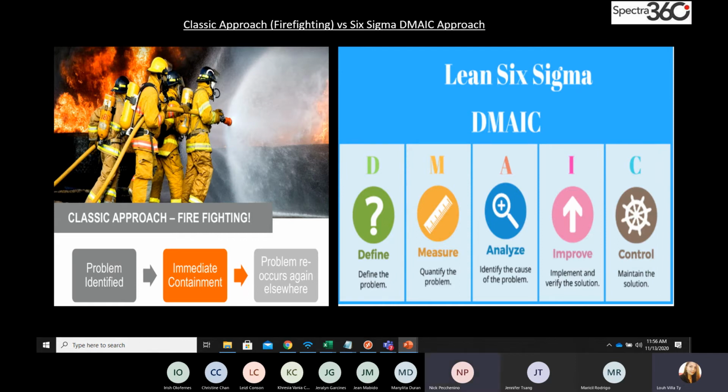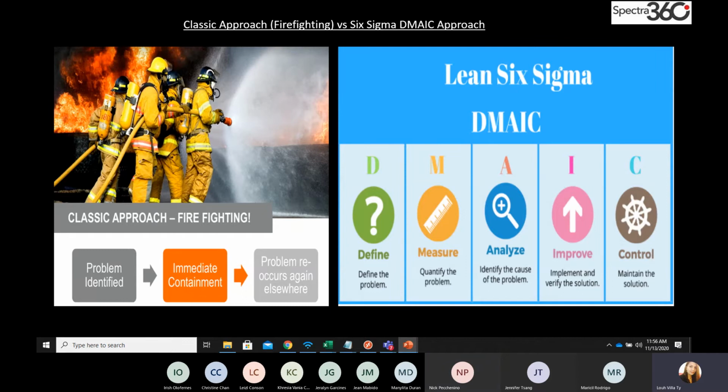We are in the Six Sigma methodology. Earlier, I think last week, I discussed a bit about the classical approach, which is a firefighting approach. In this slide, I'm showing you firefighting and Lean Six Sigma side by side. In the firefighting approach, we identify the problem and contain it immediately with band-aid solutions.